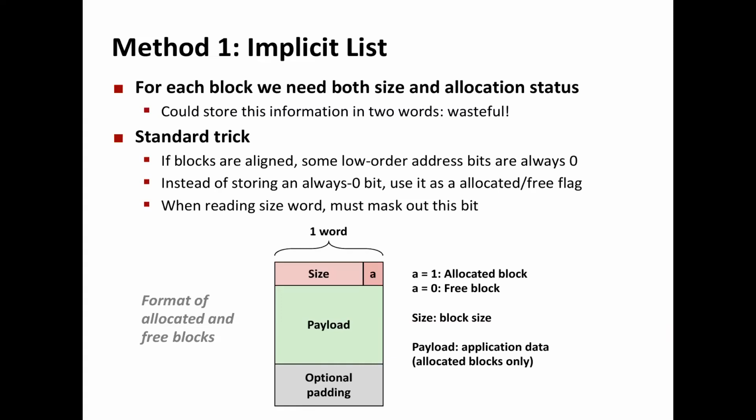So remember that blocks are aligned. And in fact, malloc has strict alignment requirements, it's even double word aligned. But let's put aside double word alignment. Let's just say if I'm 4-byte aligned, how many low order bits are going to be 0? Any ideas?